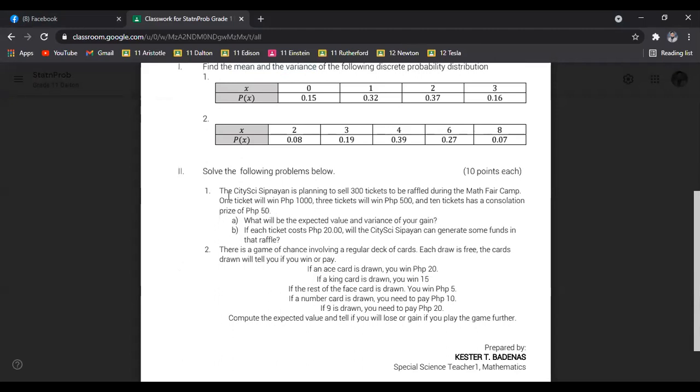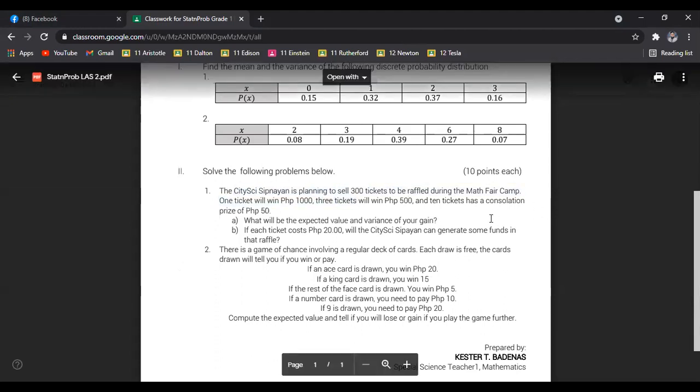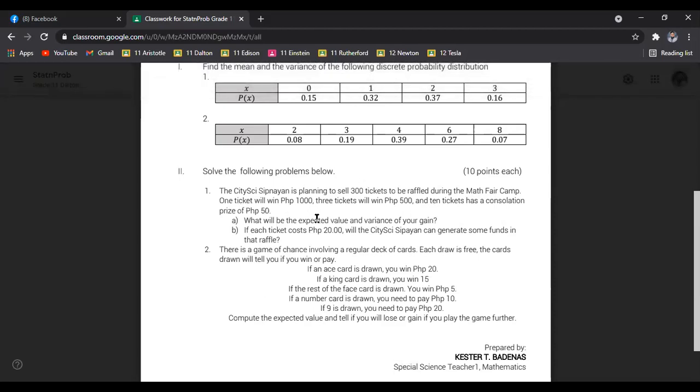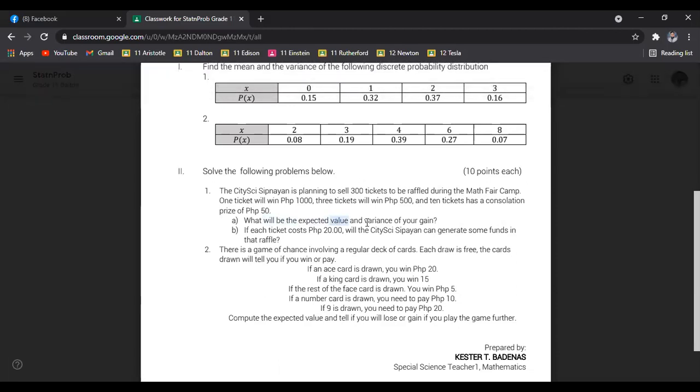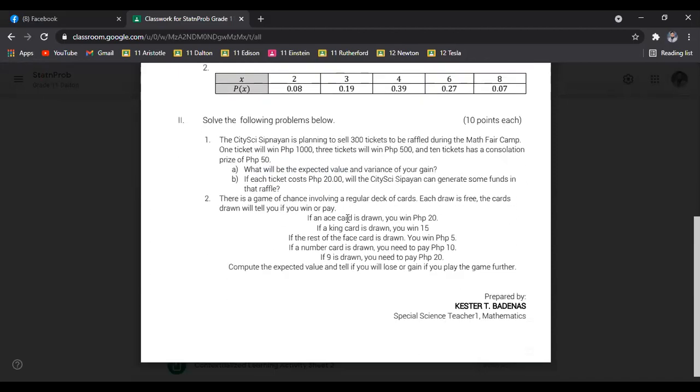Okay? So ayan, the City Sisip 9 is planning to sell 300 tickets to be raffled during the math fair camp. One ticket will win 1,000 pesos. 3 tickets will win 500 pesos and 10 tickets has a consolation prize of 50 pesos. What will be the expected value and variance of your gain?